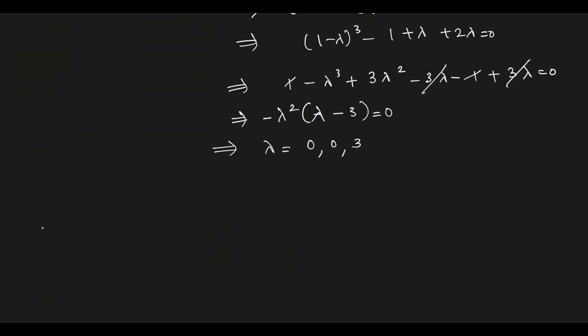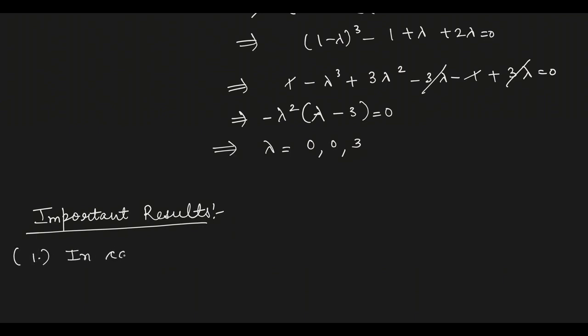Now some important results. If I want to find the characteristic polynomial of A, and the matrix order is 2 cross 2, then A minus lambda I equal to 0.